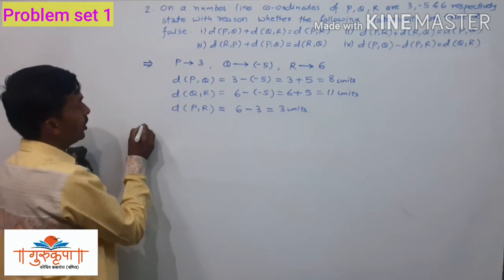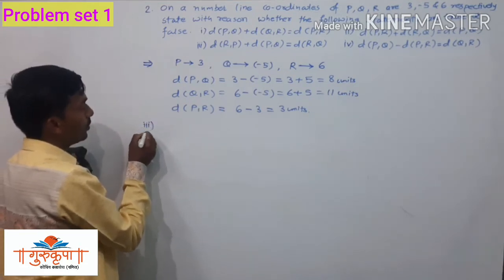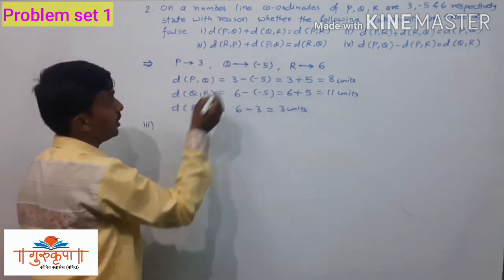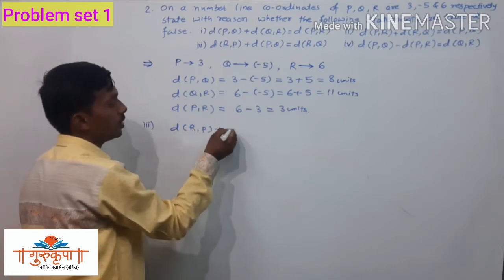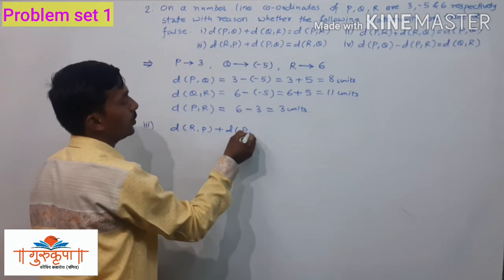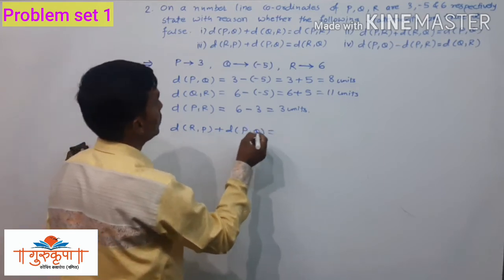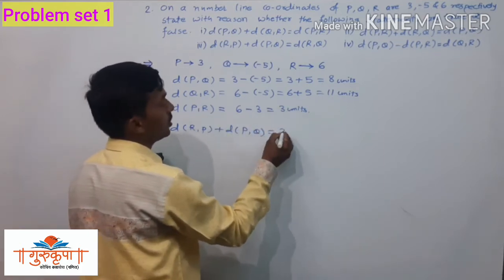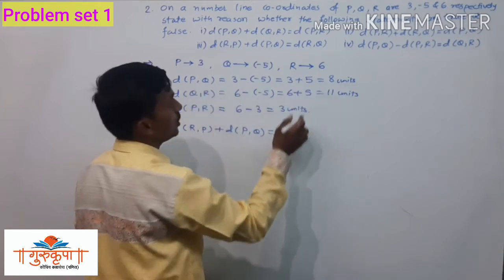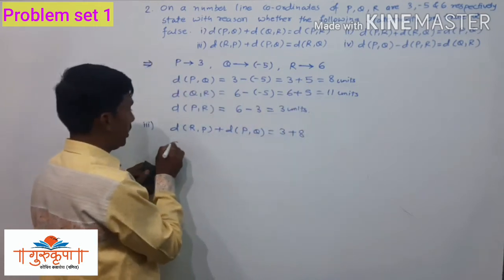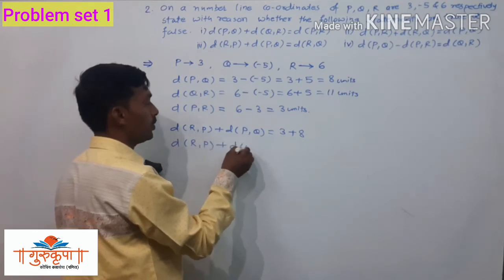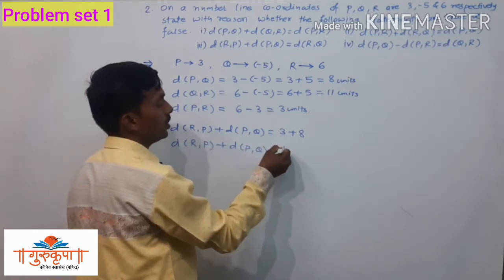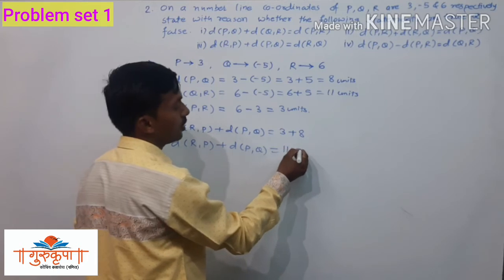For example, we have to take the addition of distance RP and distance PQ. Distance RP plus distance PQ, and put the values there. Distance RP is 3 units, distance PQ is 8 units, and distance RP plus distance PQ is equal to 11 units.